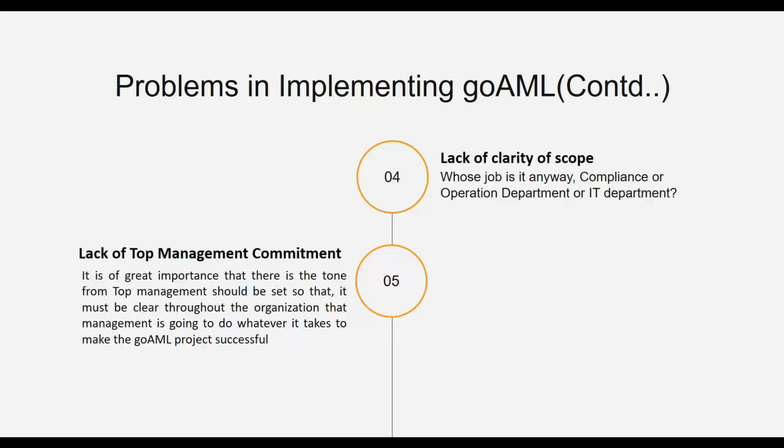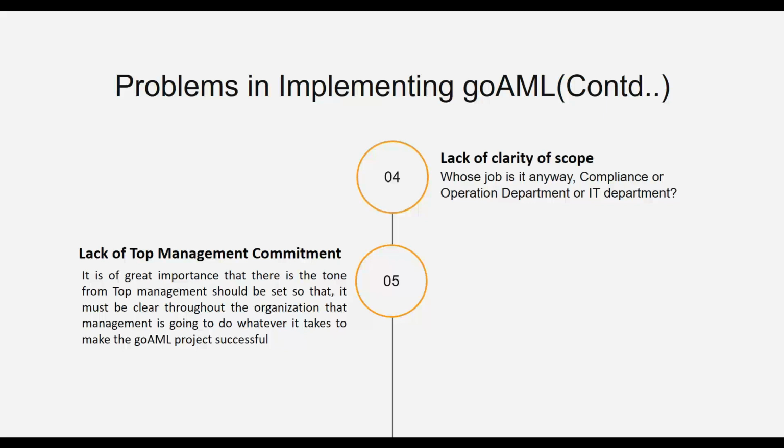Lack of top management commitment. The goAML is usually carried out as a national level project by the government, which is headed by the FIU of the country. The FIU of the respective country usually forces compliance or AML CFT staff of the organizations to carry out the goAML activities.